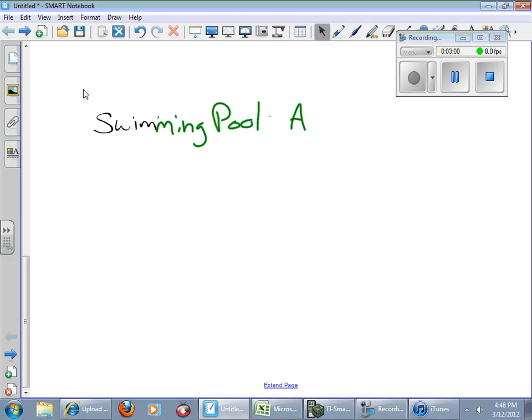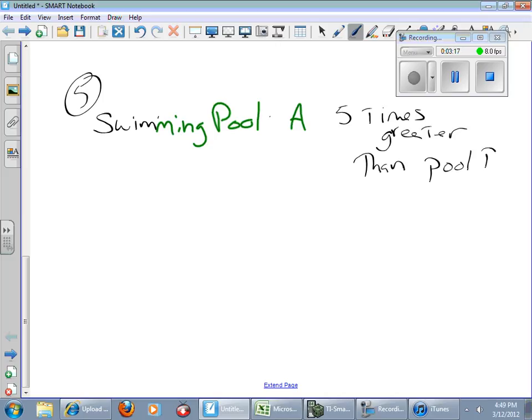Swimming pool A has a volume 5 times greater than pool B. So I know that A can hold 11,000 gallons of water. To convert that to B's, this is 5 times greater, so I'm going to divide by 5 to get B. I'm not actually going to do it for you. You can do it yourself.